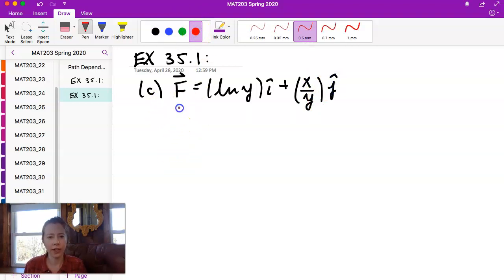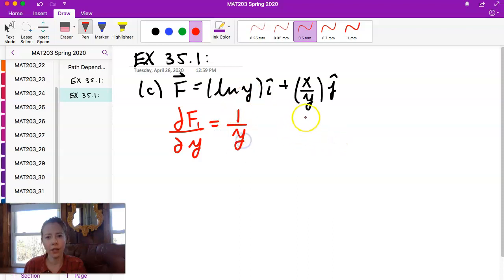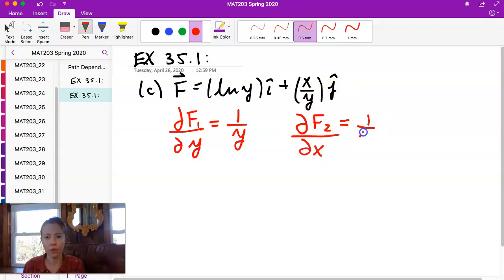So del f1 over del y gives us 1 over y, and del f2 over del x gives us 1 over y. So this tells us that field F is a gradient field.